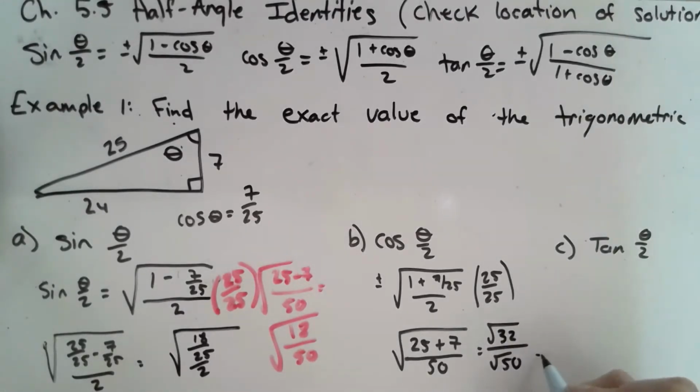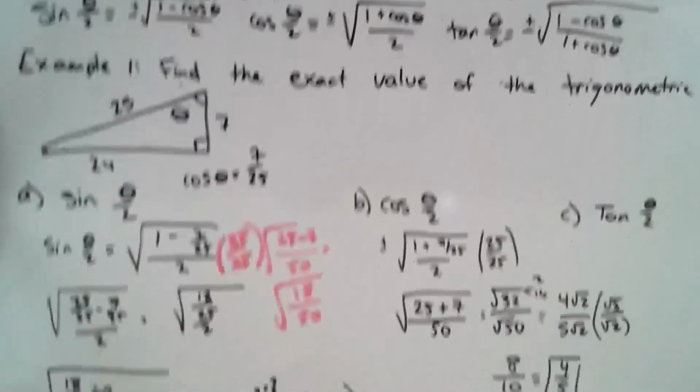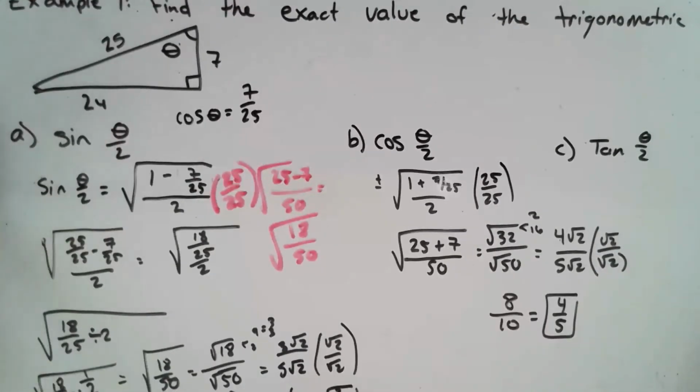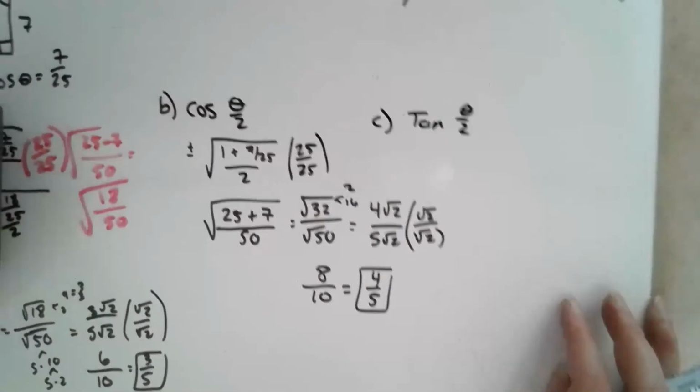Square root of 50 we know is 5 square root 2. 32 is 2 times 16, square root of 16 is 4, so 4 square root 2. Square root 2 over square root 2. 4 times 2 is 8/10, which simplifies to 4/5. So cosine is 4/5. Okay, see how much nicer that was? Or maybe it's just me. Again, up to you on how you want to do this.